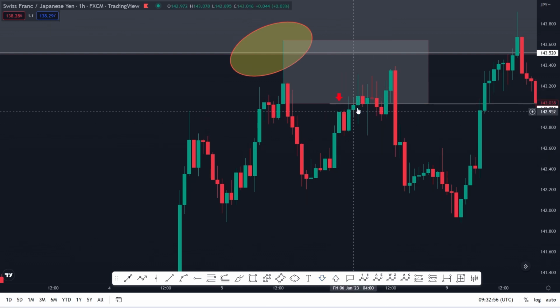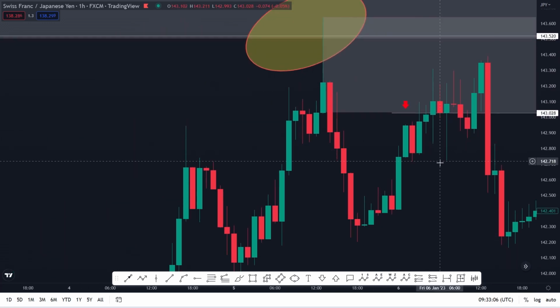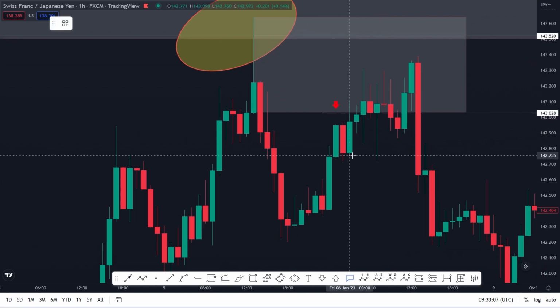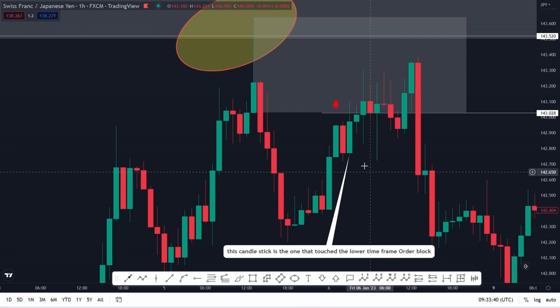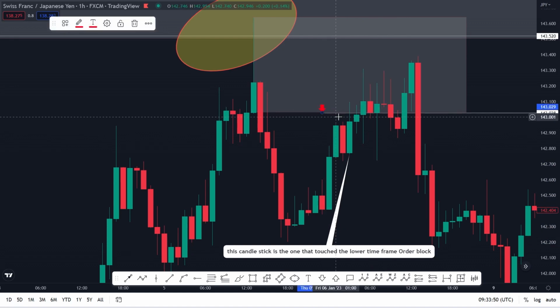But I like to wait for the market to at least touch this order block here, and then close bearish. And as we can see, this candlestick is the one that touched the lower time frame order block. So when I see something like this, I will wait for the market to at least give me a bearish candle. Someone will be in this trade here.